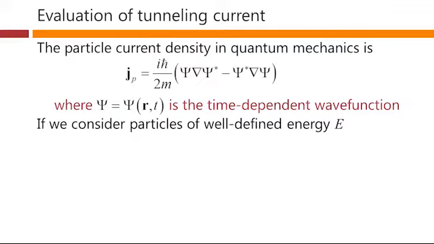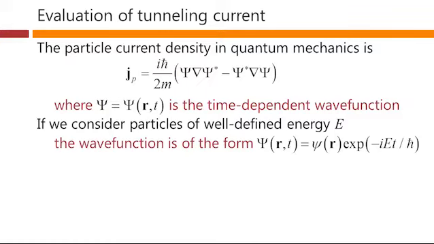So if we consider particles of well-defined energy E, which actually means they must be in energy eigenstates with eigenenergy E, then the wave function will take the well-known form with a purely spatial part multiplied by a time-varying complex exponential, e to the minus i E t over h bar.